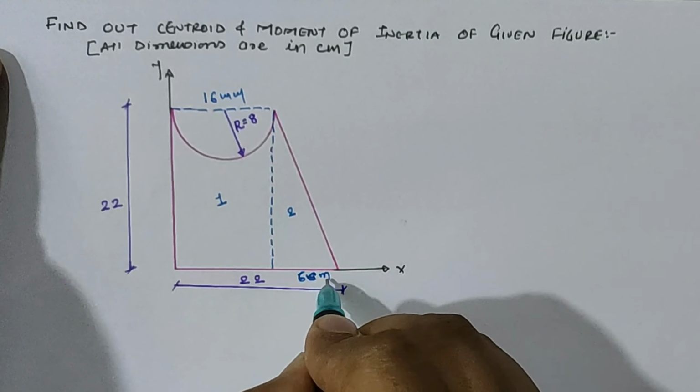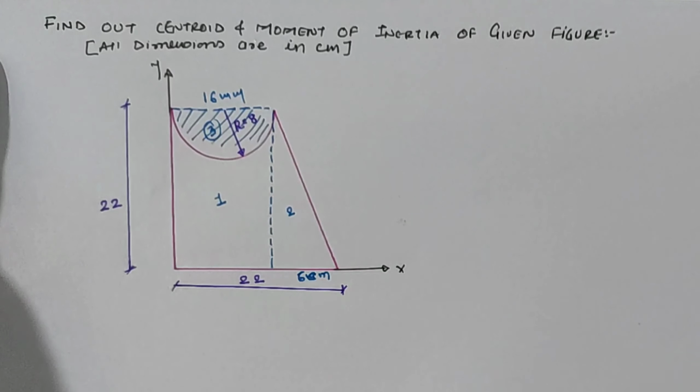So for the calculation of CG, we have to discretize the element such that the given figure is converted into standard shapes having known CG values.